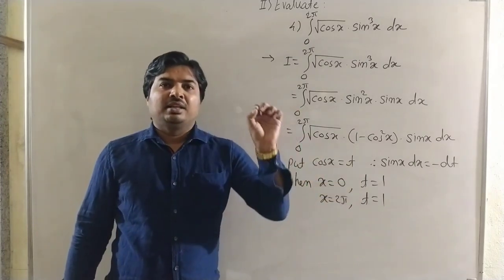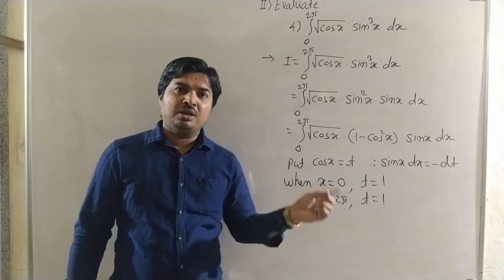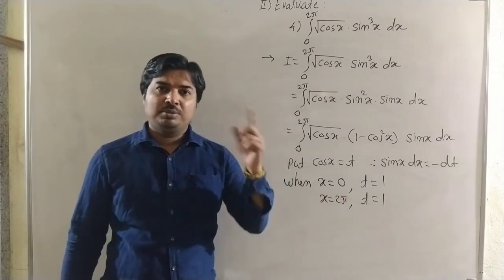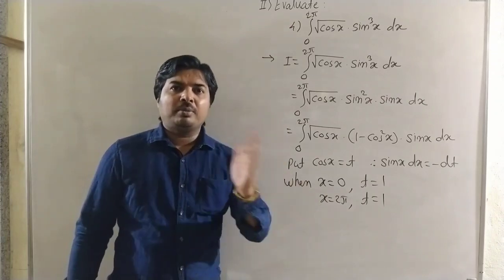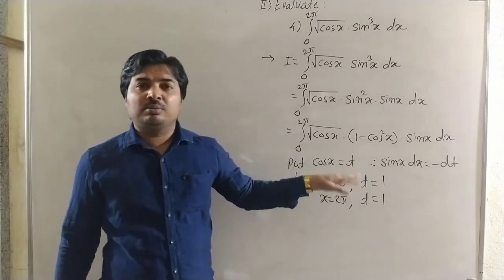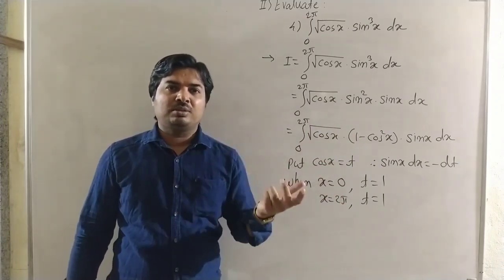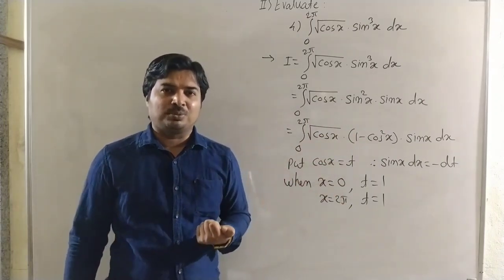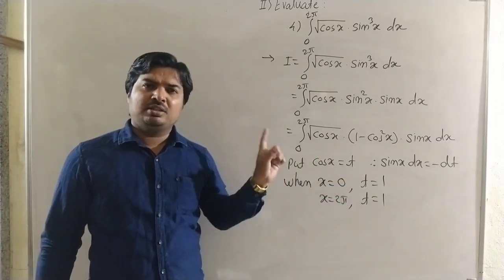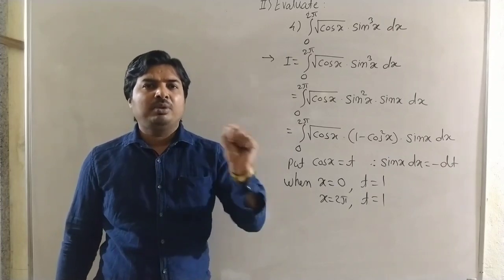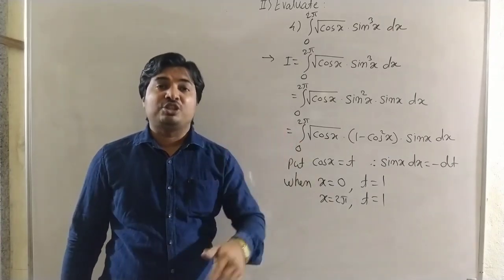In a definite integral we solve the integral, then take upper limit minus lower limit. But here both limits are the same, so the calculation is 0. This is a property of the definite integral: when the upper limit and lower limit are the same, the value of the integral is 0.